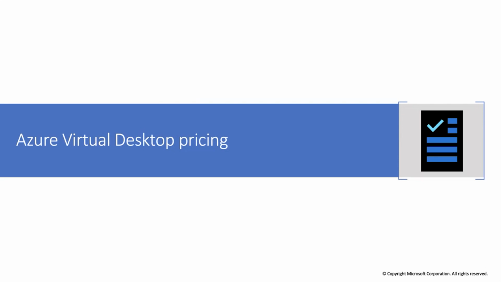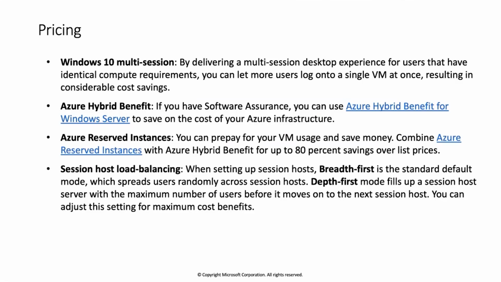Is that the only way? Is that the only possibility? No. There are other possible ways in which you can bring down the cost. As I mentioned, hybrid benefit is one of them.